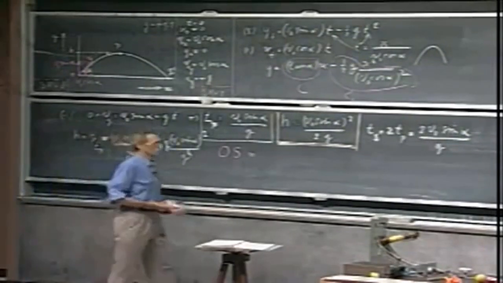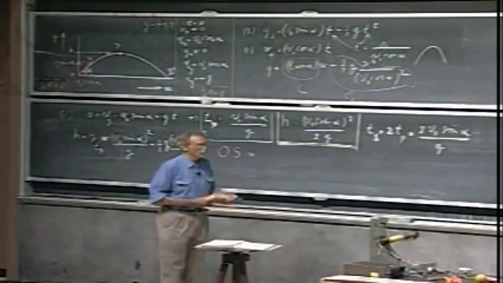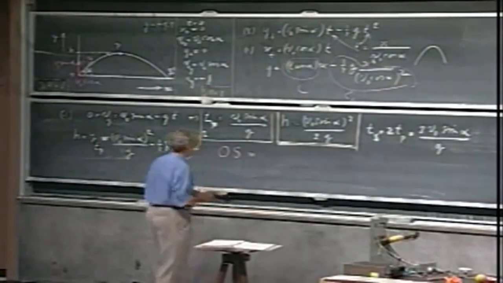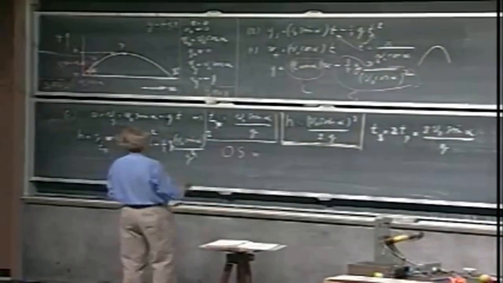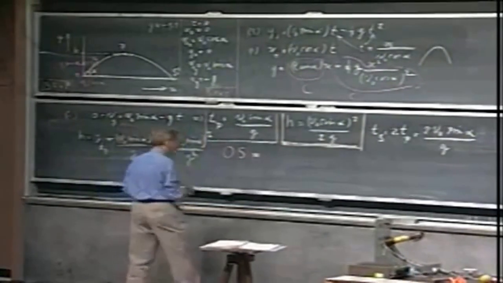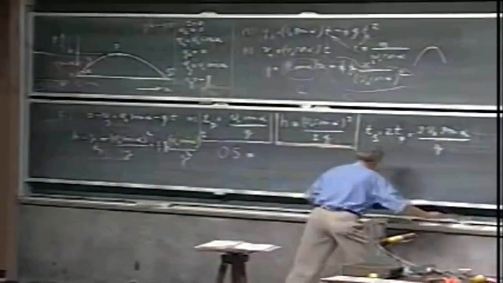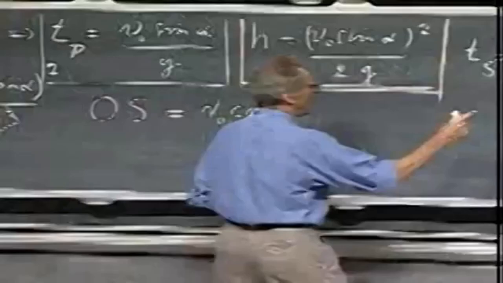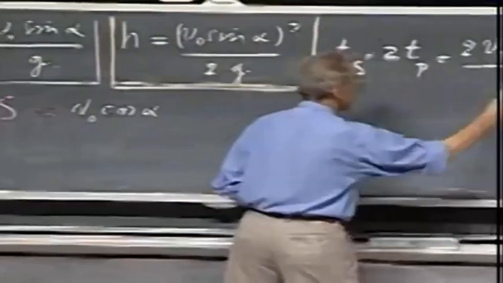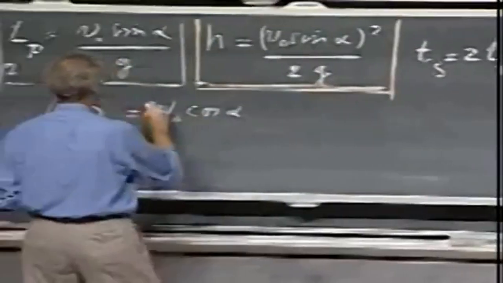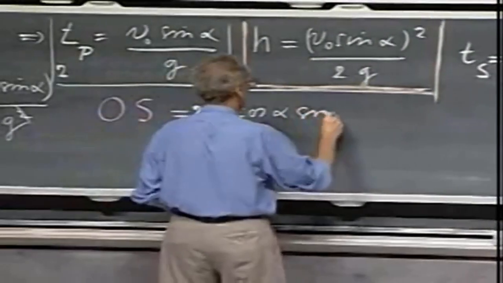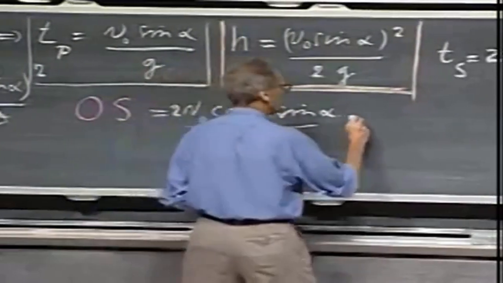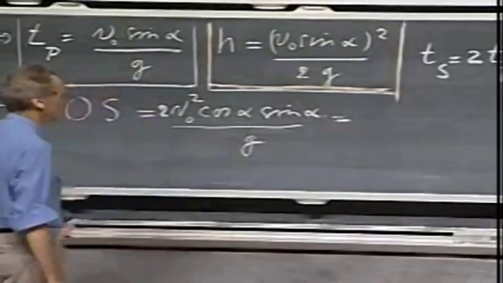Well, for that, I need equation number 1. It is v0x times the time. And v0x is v0 cosine alpha. So we get v0 cosine alpha times the time to hit it. That is 2v0 sine alpha divided by g. So I get a 2 here, I get a sine alpha, and I get a g here, and I have another v0 there.